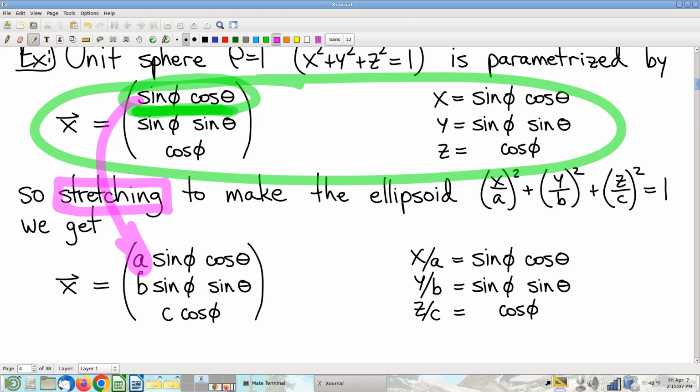Right, the formula for x, I just multiplied it by a. And then likewise, the formula for y, I just multiply it by b. And the formula for z, I multiply by c. Just literally straight up stretch it out as we know we should. How do you feel about that? Is everybody all right with that?